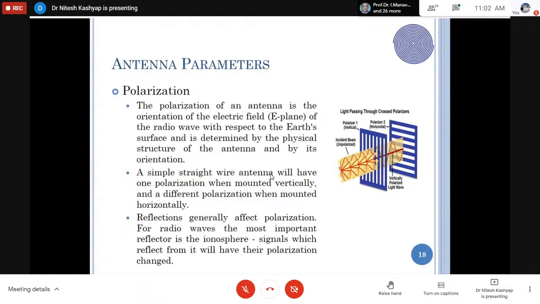A simple straight wire antenna will have one polarization when mounted vertically and a different polarization when mounted horizontally. So if one dipole is vertical with respect to the ground and the other is horizontal, the communication link will not be established if the orientation is not the same.